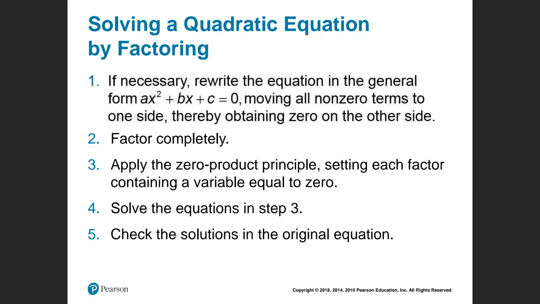Step 2: factor completely. Step 3: apply the zero product principle, setting each factor containing a variable equal to 0. Step 4: solve the equations in step 3. Step 5: check the solutions in the original equation.